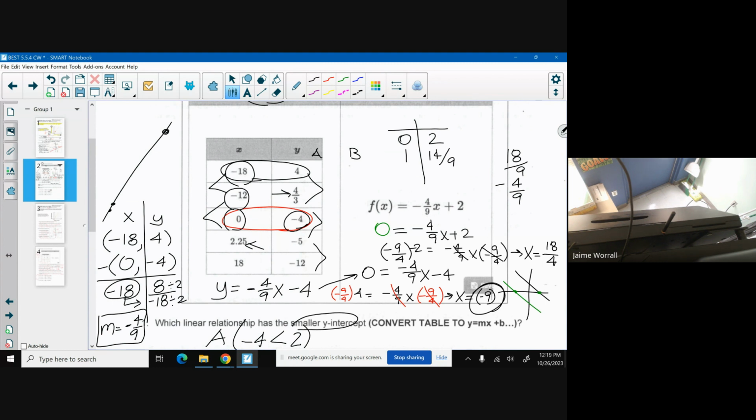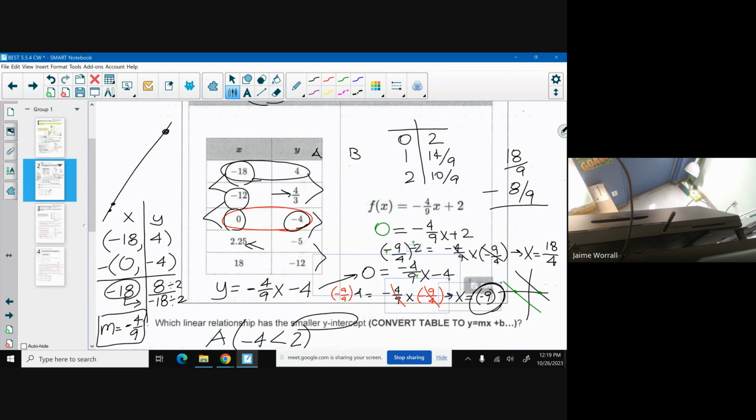Okay, let's try 2. We just need one more. So let's take 4 ninths times 2, minus. 2 times 4 is 8. What's that number? 18 minus 8 is 10.